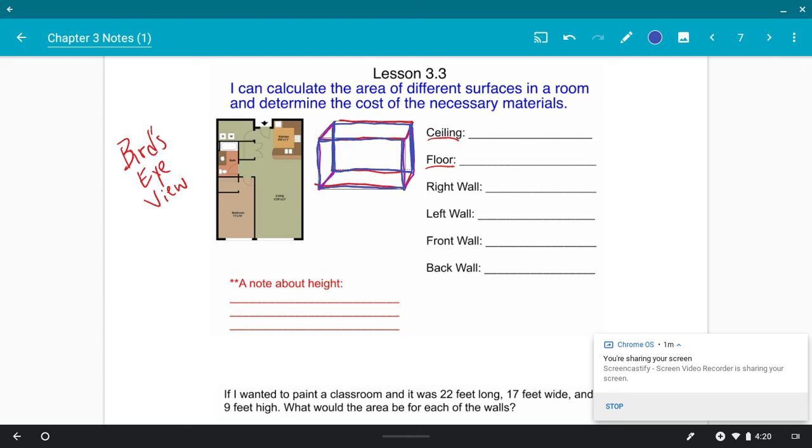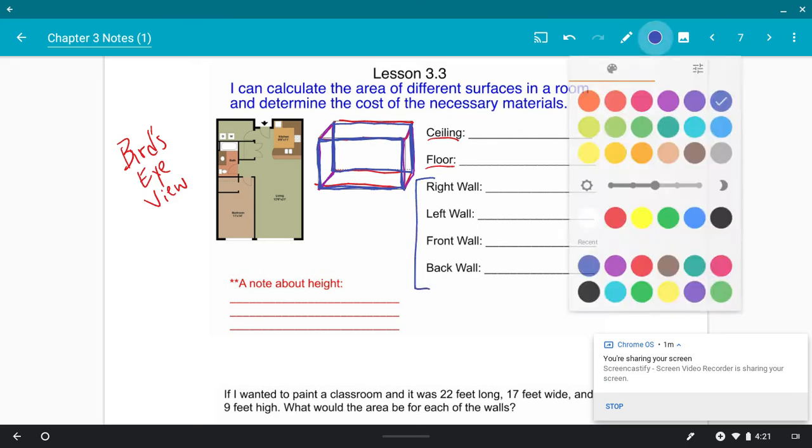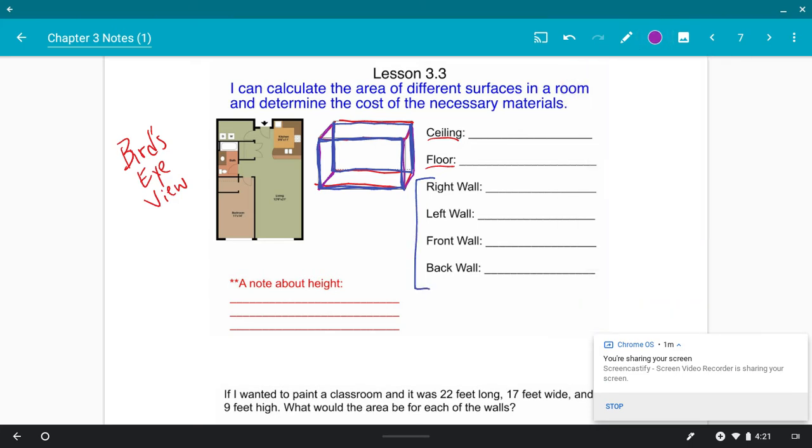So there's a lot of markings going on here, but it's basically like the front and back will match, the left and the right will match, and the top and the bottom will match. So there's potentially 6 spaces that you'll need to find the area of depending on what you're doing to the room. So for example, in my house, I don't paint the floor and I don't paint the ceiling, but I do paint the walls. So these are the things that I would consider.